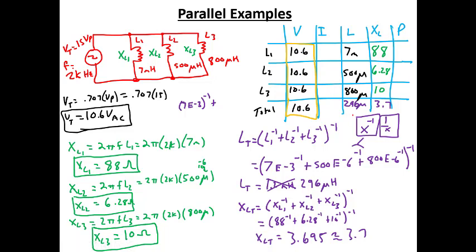And for parallel circuits, just like before, the total current equals I1 plus I2 plus I3. So these add up to this, and now I can find each of the individual currents. We'll do that on the next page.